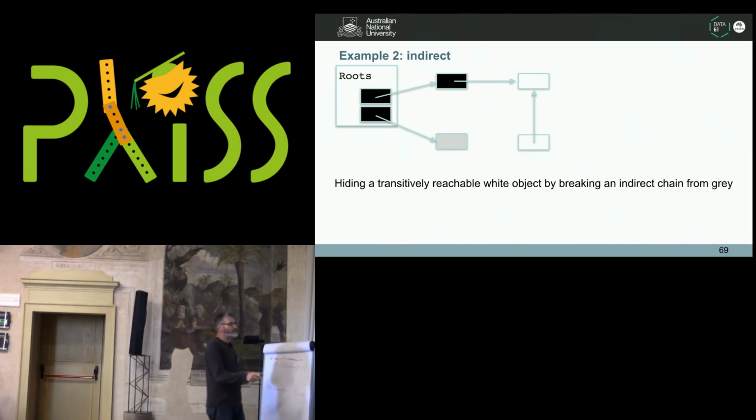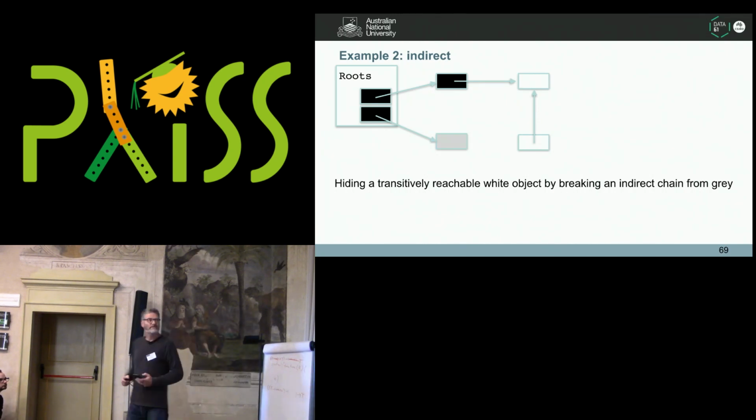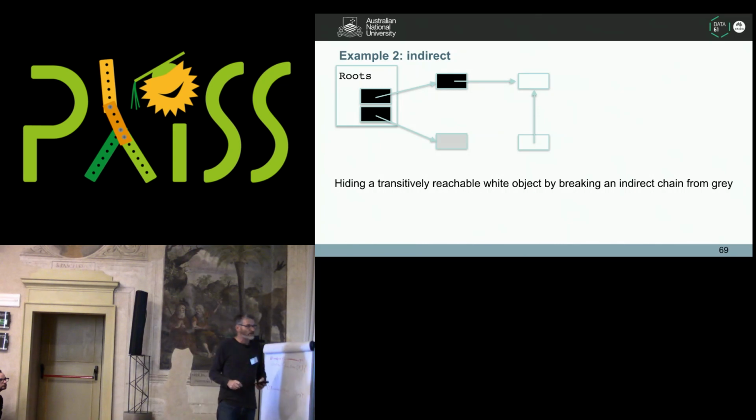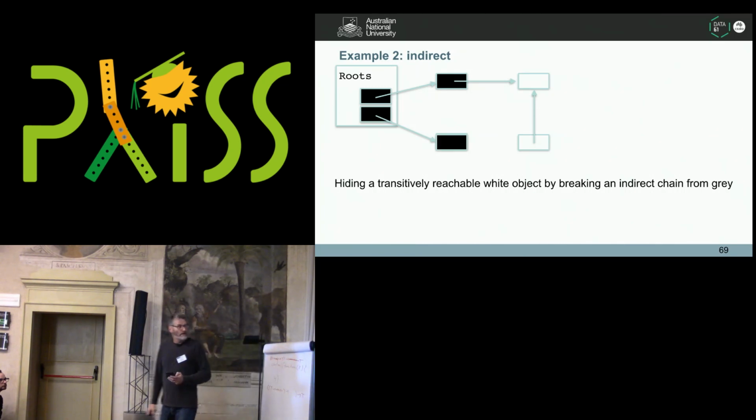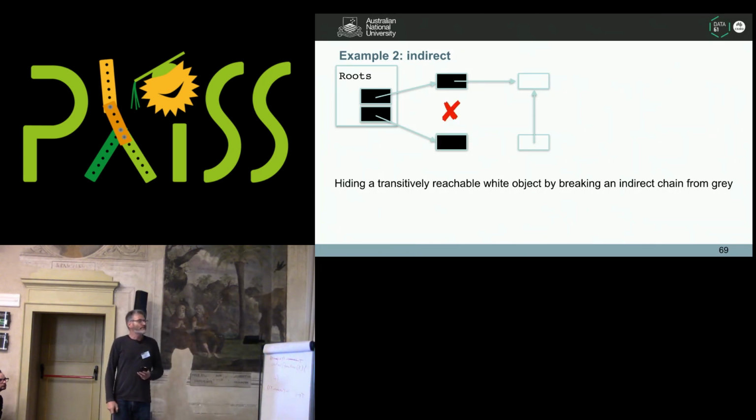So we've hidden this transitively reachable white object by breaking an indirect chain from gray through white objects. And that's along the lines of the second condition that we saw there, that we don't want to get into a situation where we cause that condition to arise. And then, of course, we'd end up again with a reference to white objects that would get freed up.